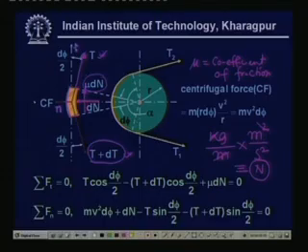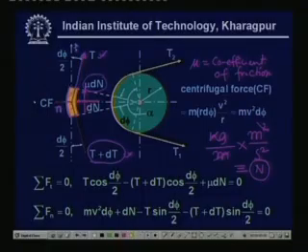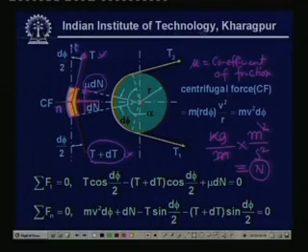Our duty is just to write the force balance and then find out the ultimate relationship in terms of the belt geometry, the respective tensions, and the centrifugal force acting onto the belt.